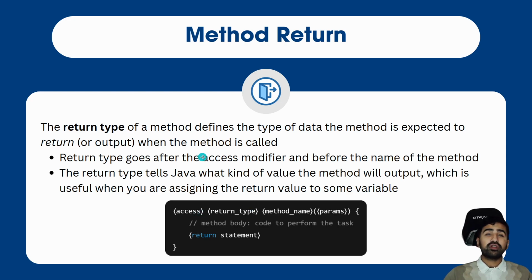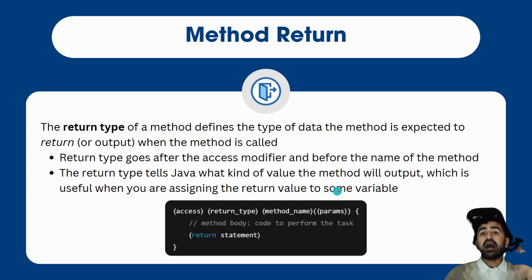You can return anything you want. But you have to define it here after the access modifier. So the return type goes after the access modifier and before the name of the method, right in between. The return type tells Java what kind of value the method will output. That's useful when you're assigning that return value to some variable, just like we do with toLowerCase with strings, and then we assign it to a variable.